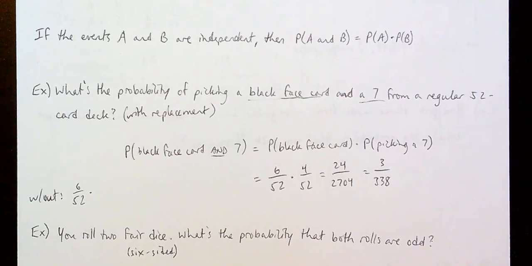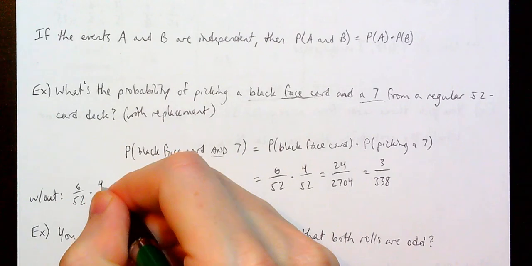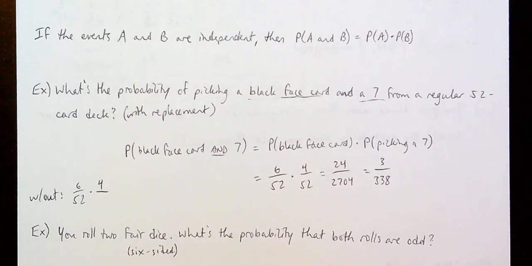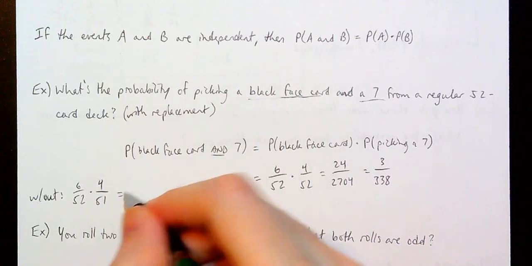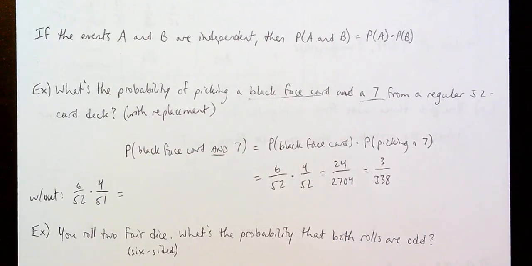And then if I don't replace that card, there's now 51 cards left. What's the probability of picking a 7? Well, there's still the 4 7s left, and that's out of a possible 51 cards left.